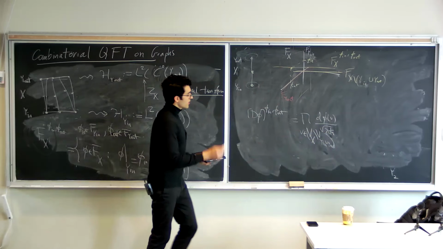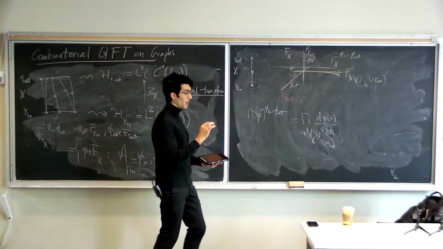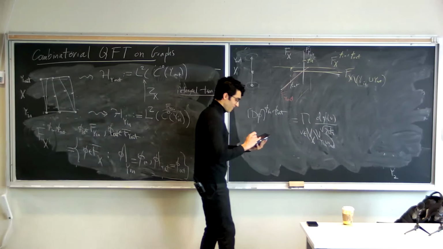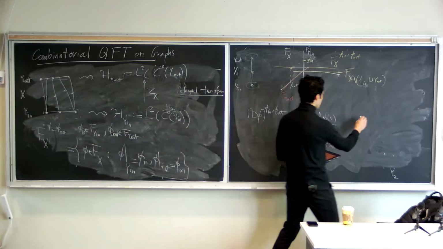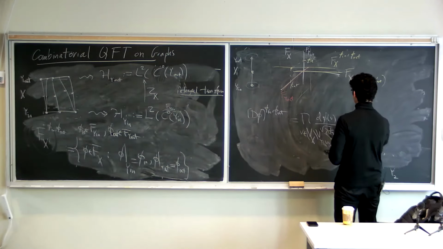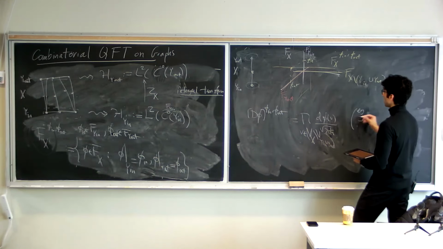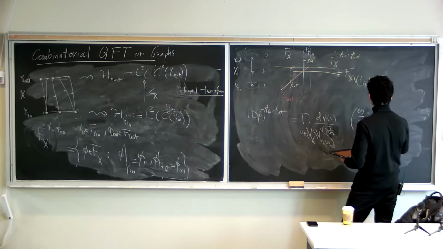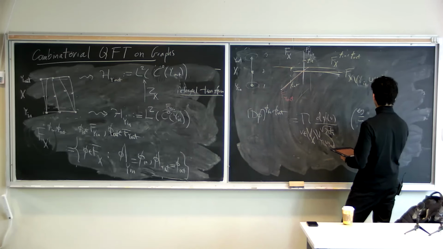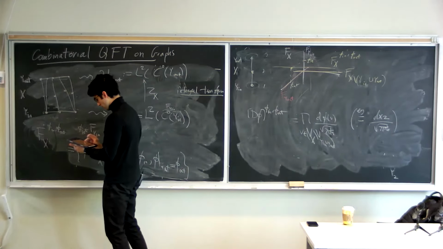So you just take away those that are on the boundary. In this example, this d phi is just, if the vertices are 1, 2, 3, going to be dx_2 over the square root of 2 pi h-bar.